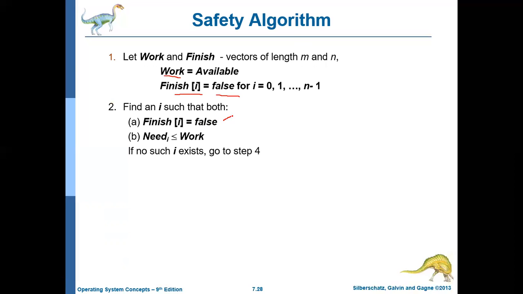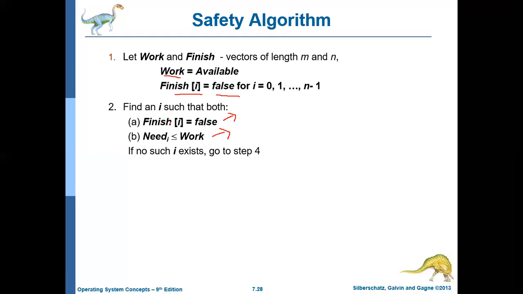Finish of i should be false, and need of i should be less than or equal to work. Work means what? Work is nothing but the currently available free resources. Because work is assigned to available, work is what the operating system currently has available.